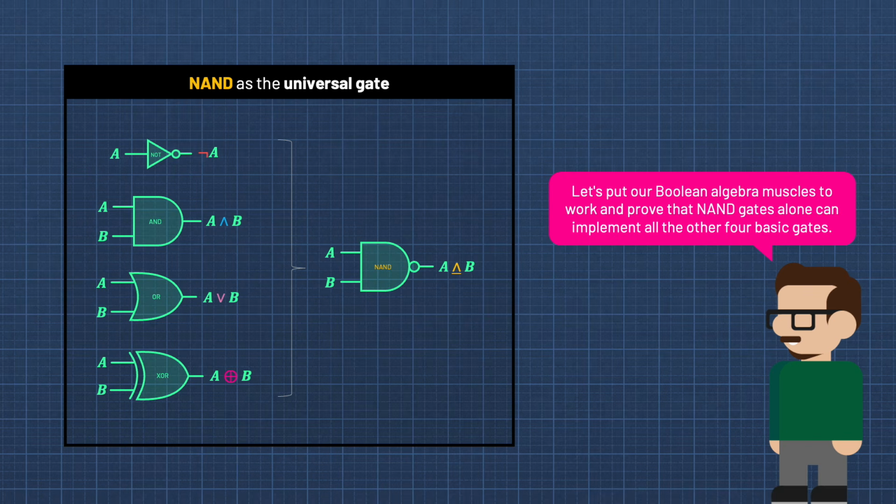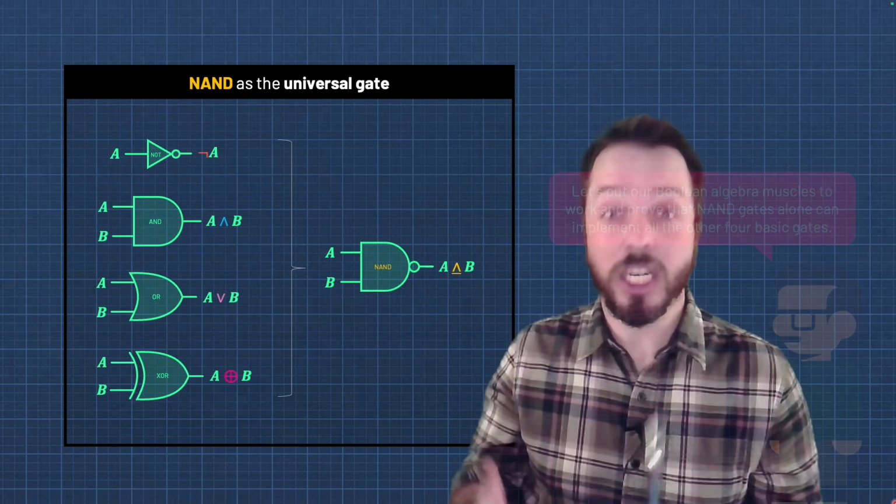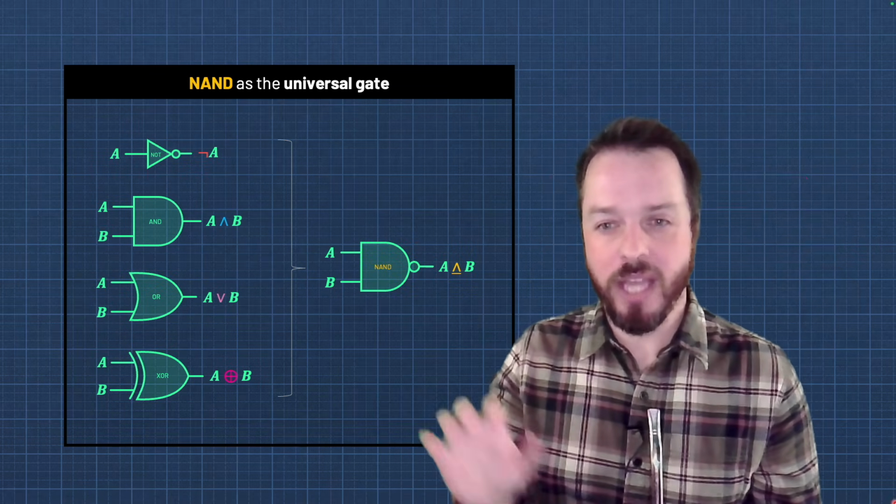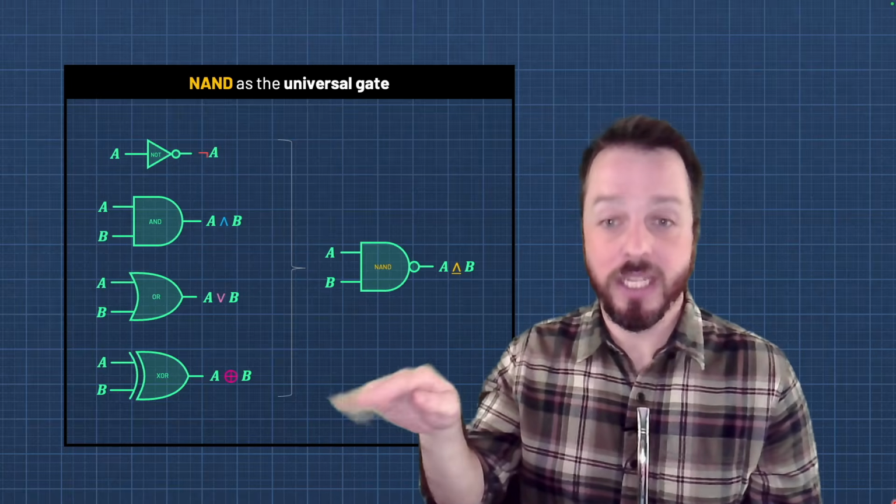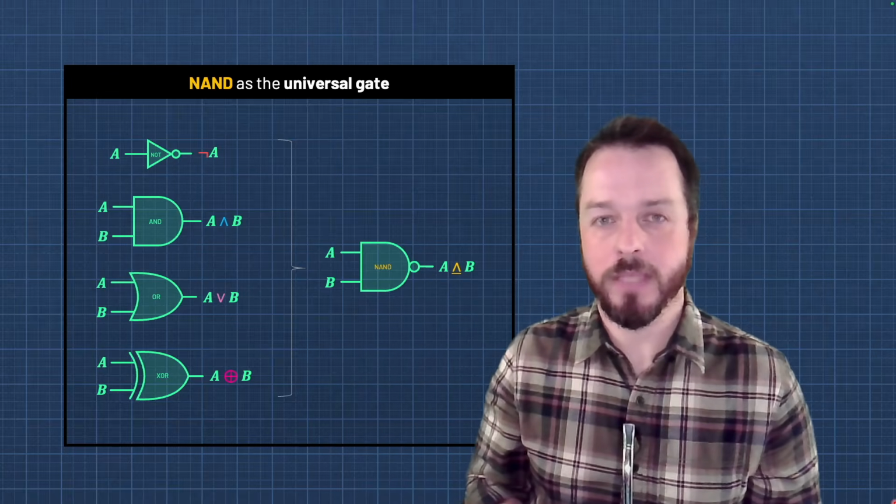We're going to exercise our math muscles a little bit, and we're going to look at how we can prove that the NOT can be implemented using NANDs, the AND can be implemented using NANDs, the OR can be implemented using NANDs, and the XOR as well can be implemented using NANDs. We're going to look at some logic derivation for those things, and also circuit format, right? So how can you actually have a circuit that implements all those things only using NAND gates?